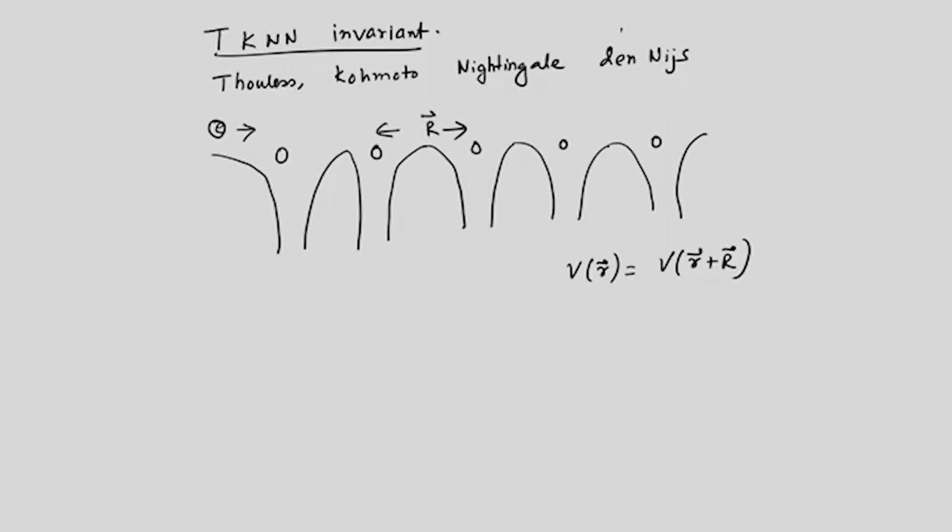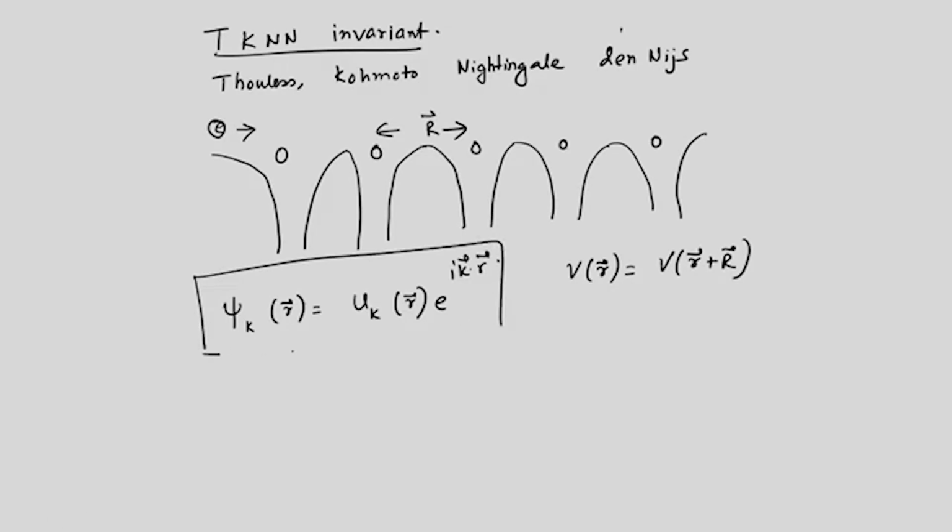In that case, the wave function of the particle is given by Bloch's theorem, which states that psi k of r is equal to u k of r times exponential i k dot r. This is called Bloch's theorem, and it tells you that this u k of r picks up the periodicity of the lattice, which means u k of r is equal to u k of r plus R.